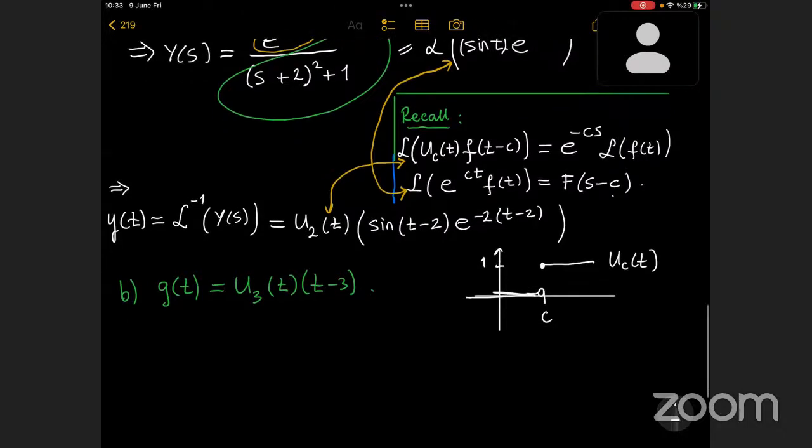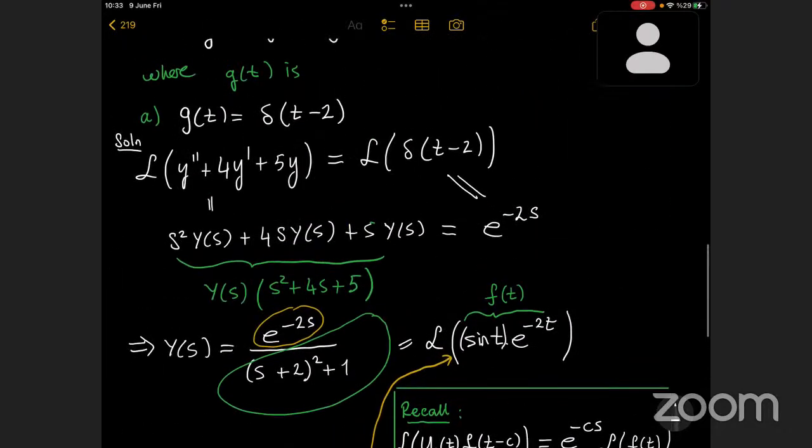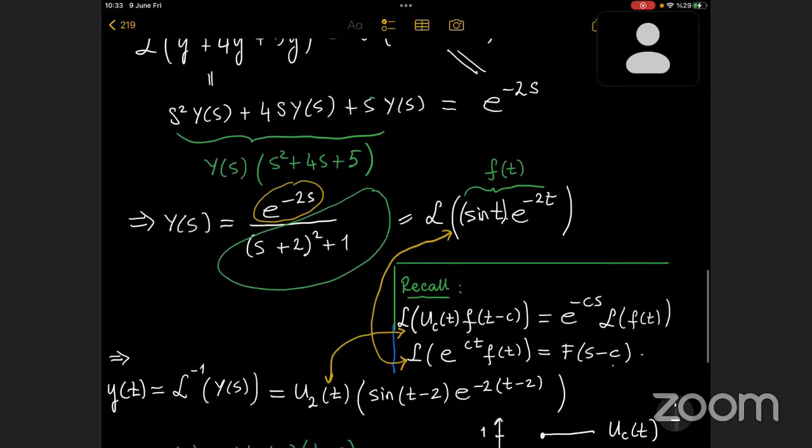Let's do this now. Well, again, we apply Laplace transform. The left-hand side will be the same.